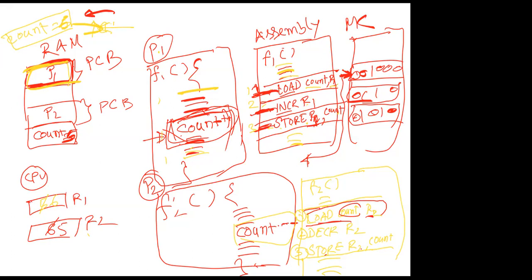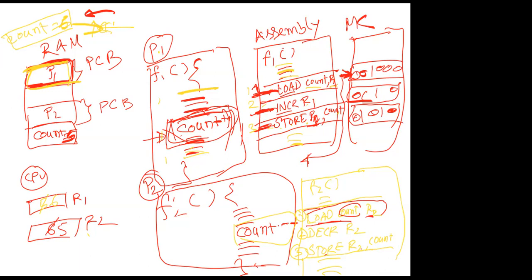Let me check a different sequence of execution to see how it works. Let's check this way, where your process P1 executes the line.